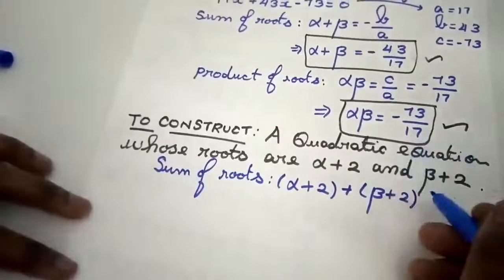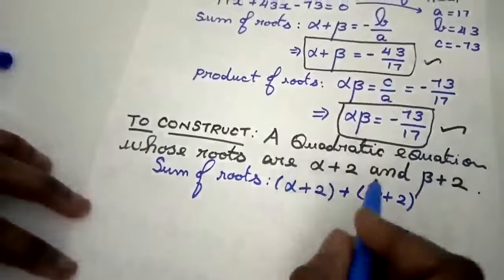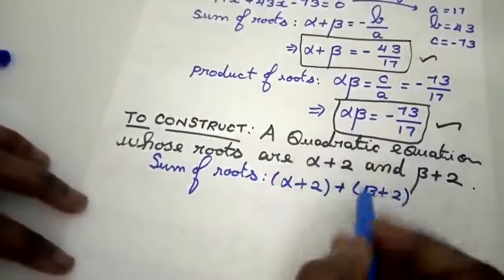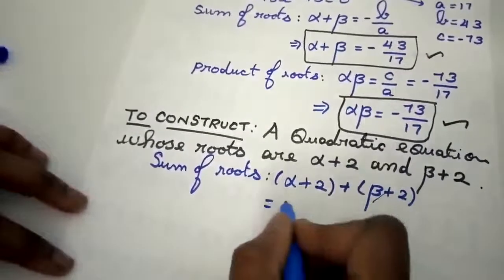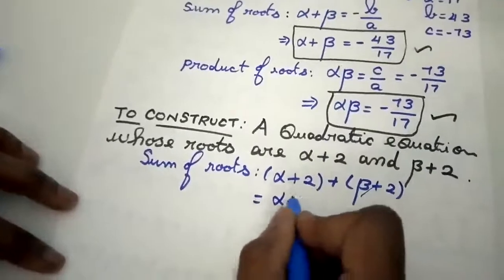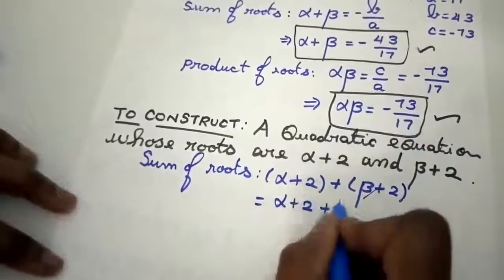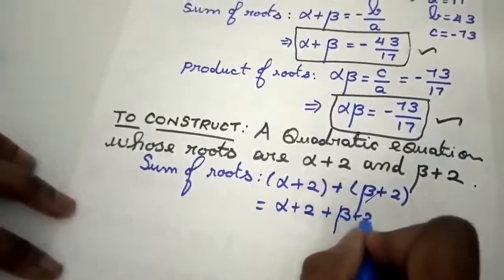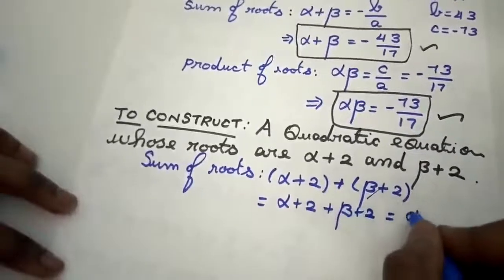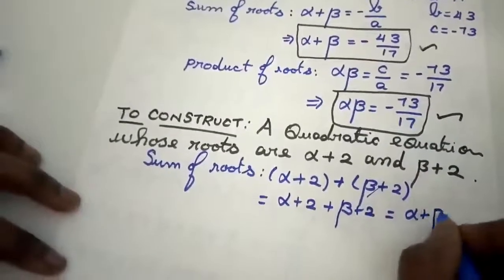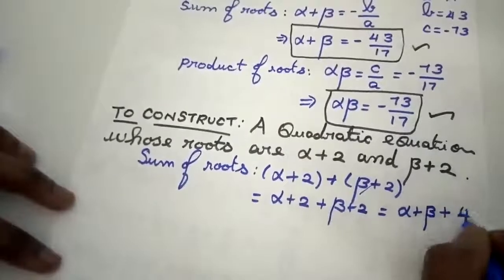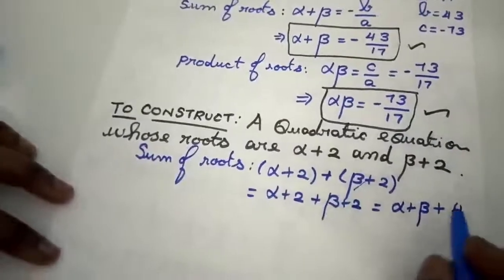I am going to create the equation now. I am adding those two roots here. Now just here, I am going to remove the bracket. If I remove the bracket, I will be getting alpha plus 2 plus beta plus 2, which is equal to alpha plus beta plus 4. If you add these values, you will get the value as 4.